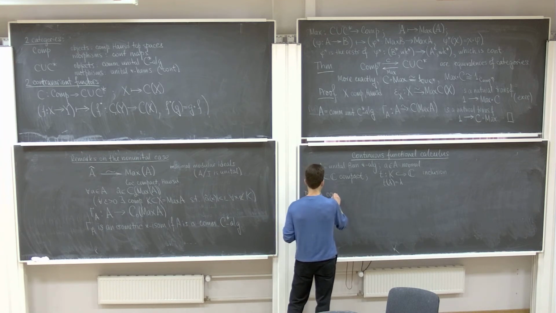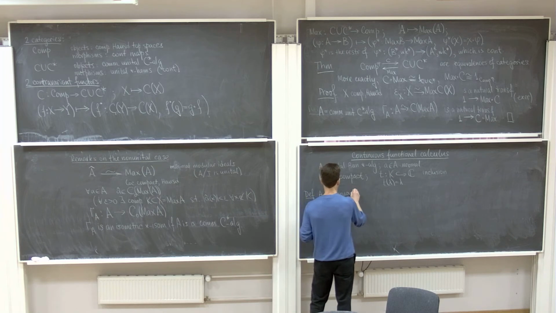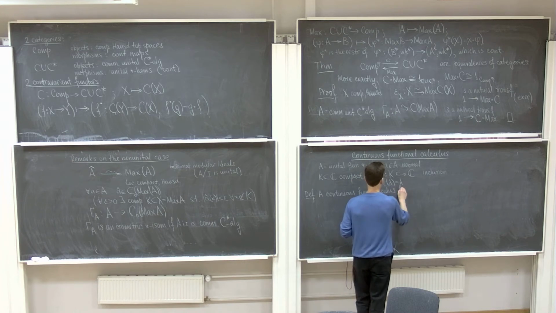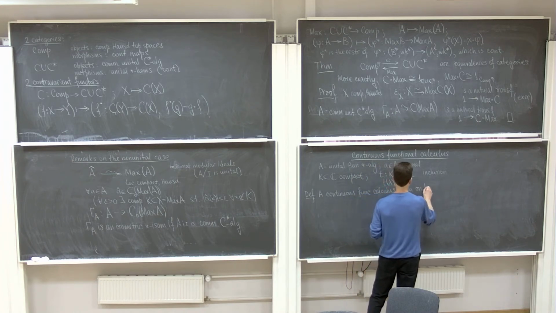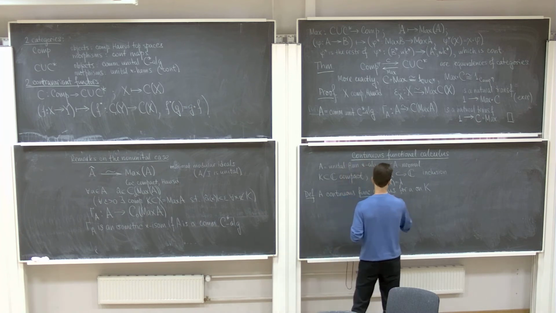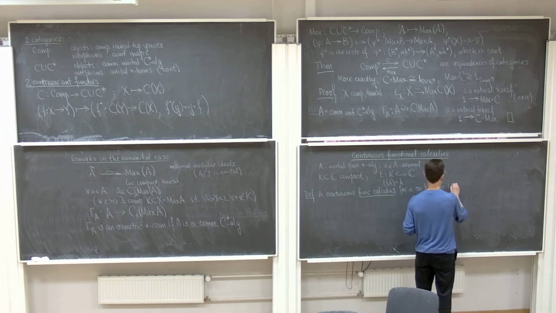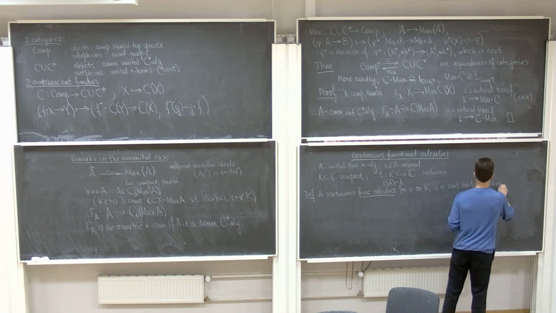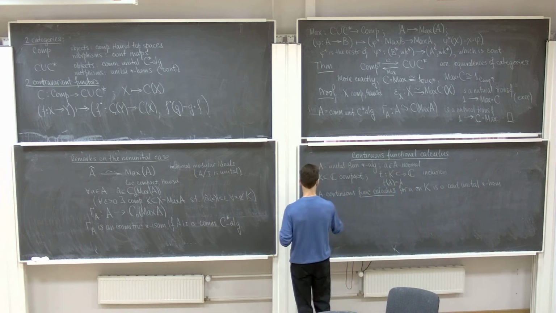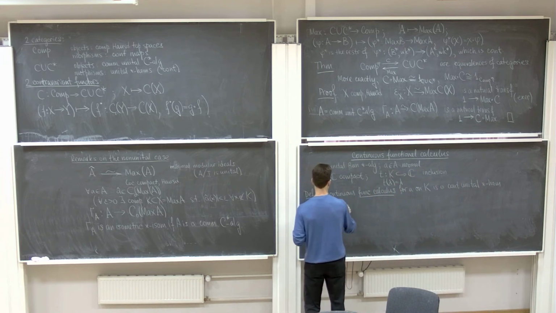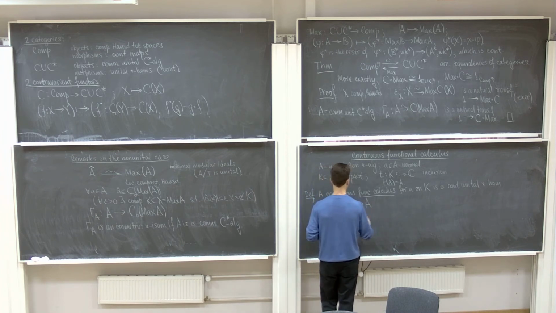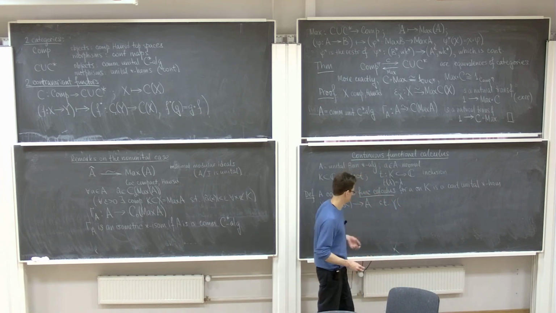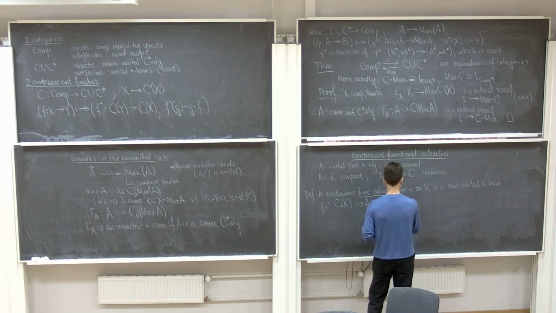A continuous functional calculus for a on the set K is a continuous unital star homomorphism gamma a from the algebra of continuous functions from K to the algebra A such that gamma takes this little t, the coordinate on K, to the element a.